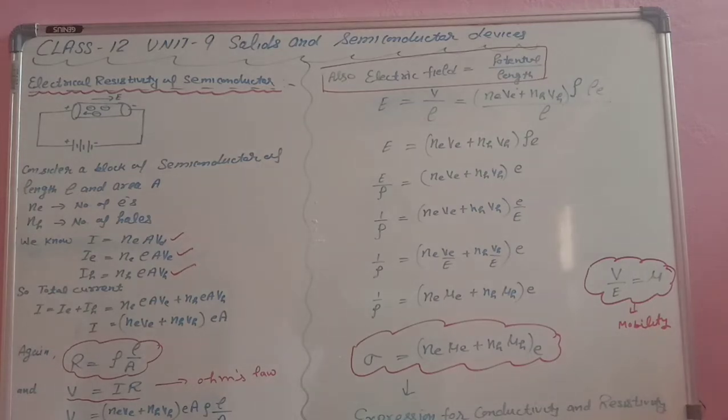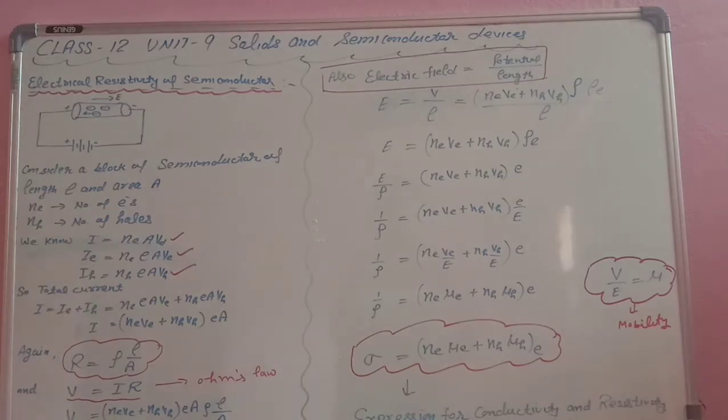Okay students, now consider a block of semiconductor, length is L, area of cross section is A, and n_e is the number of electrons and n_h is the number of holes, and we know the relation between current and drift velocity.